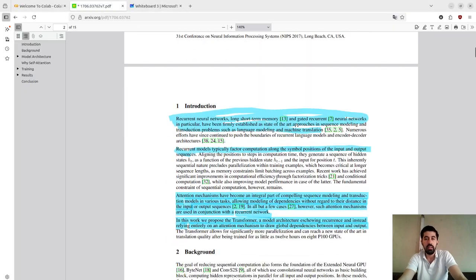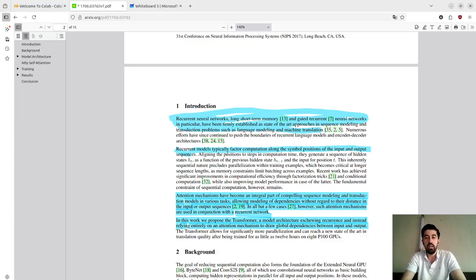So, in the introduction, they say that recurrent neural networks were the state of the art when you want to work in sequence modeling. So when you have a sequence in your input, before 2017, the way they used to approach it, not with a fully connected neural network, most of the time it was recurrent neural networks, which we're gonna be briefly explaining in a bit, but they had their problems.